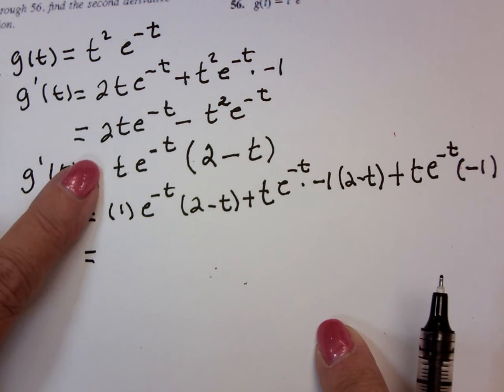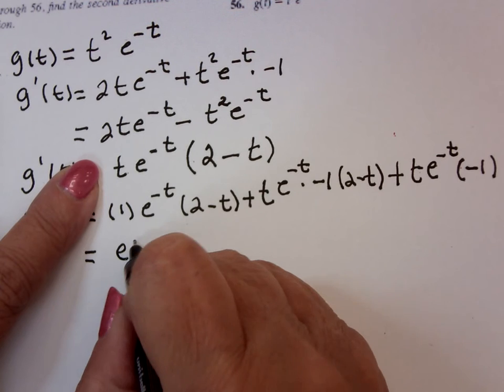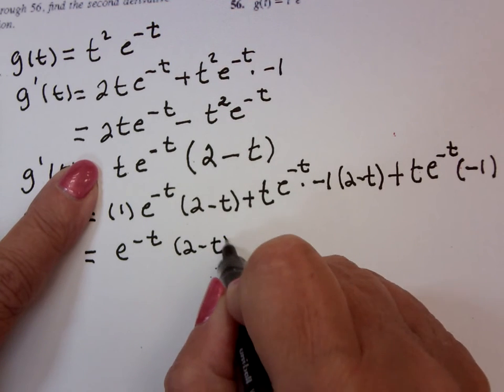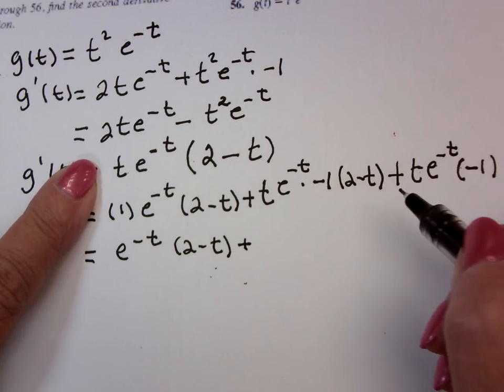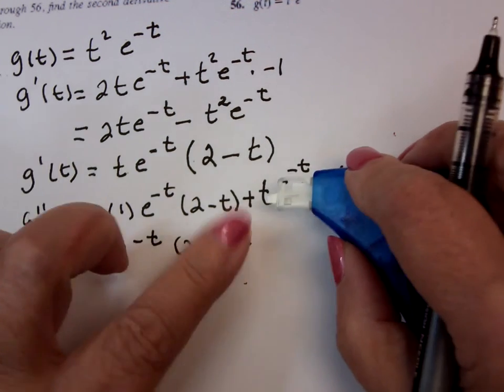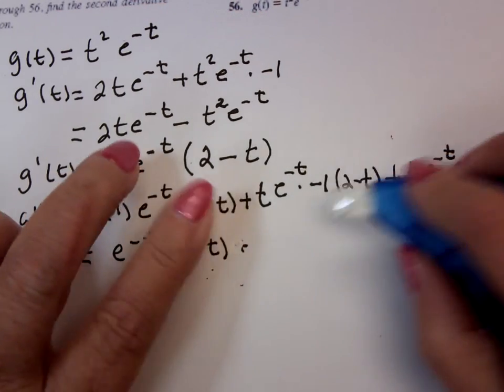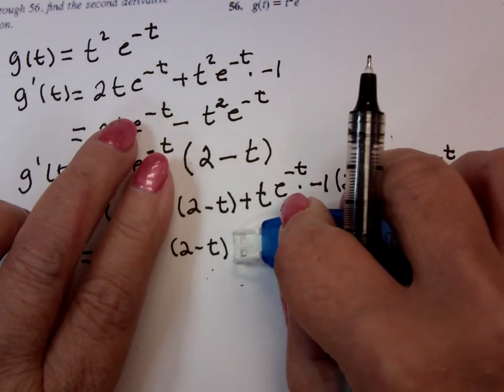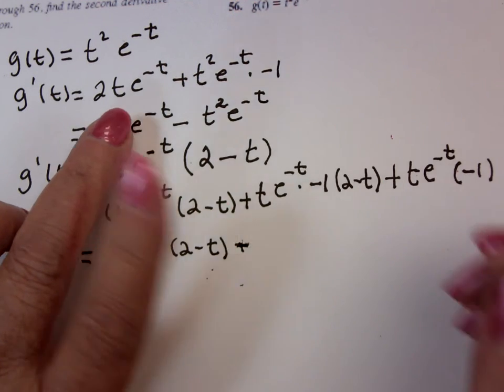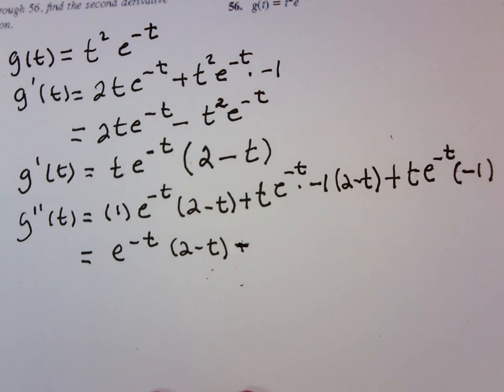So now this becomes e to the minus t times 2 minus t plus, and actually it's not a plus anymore, it's a minus. I just love it when I have to white tape videos. Minus. That looks like a plus.